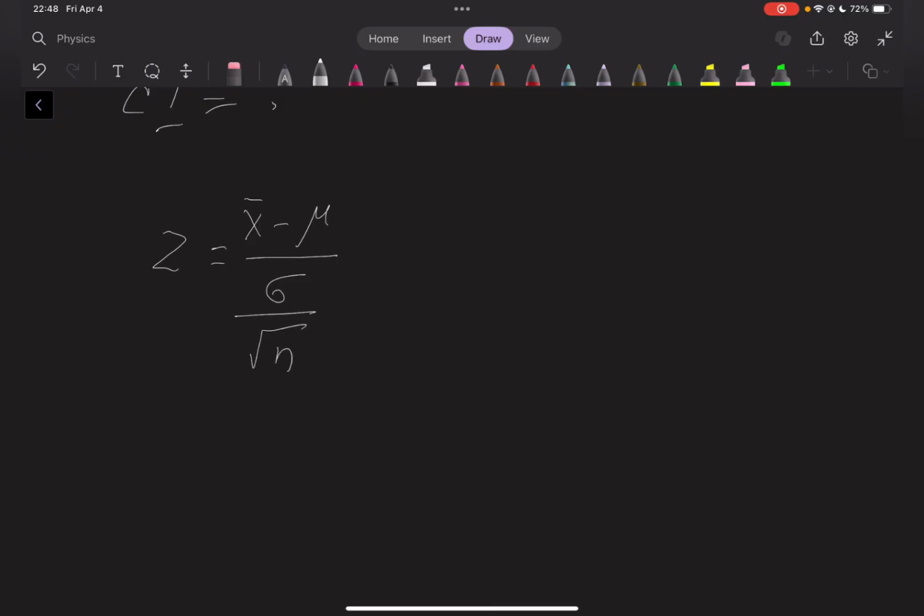X bar is the average of the sample, mu is the average of the population, sigma is the standard deviation of the population, and n is the sample size. Let me write down what is where. Our mu is 100, our sigma is 8, sample size is 16.